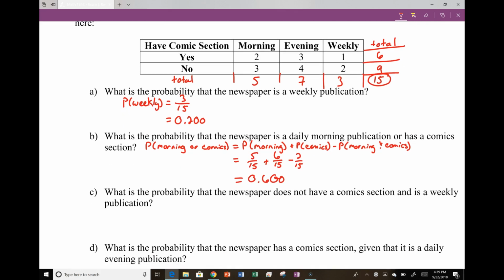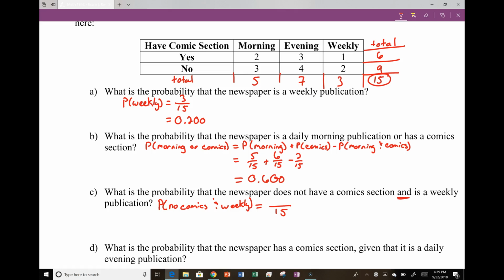Now then, what is the probability that the newspaper does not have a comic section and is a weekly publication? So we want probability, no comics, and that it's weekly. That's going to be basically their overlap.